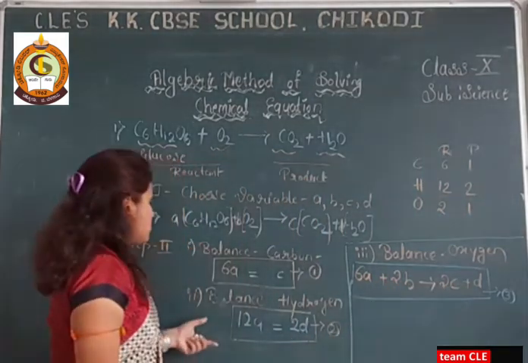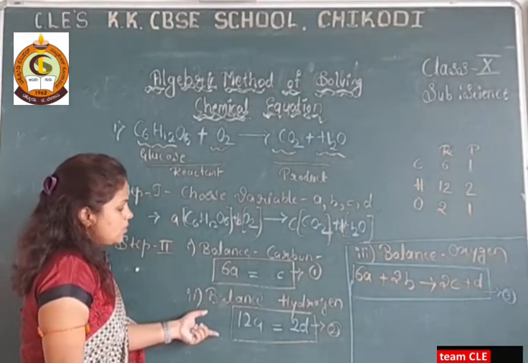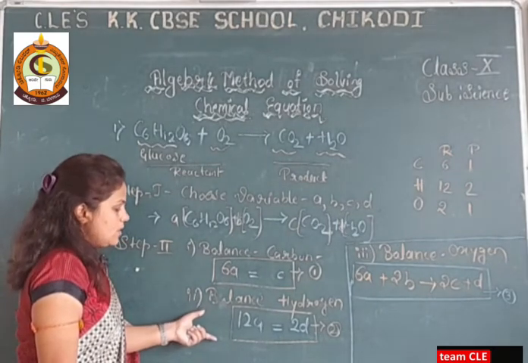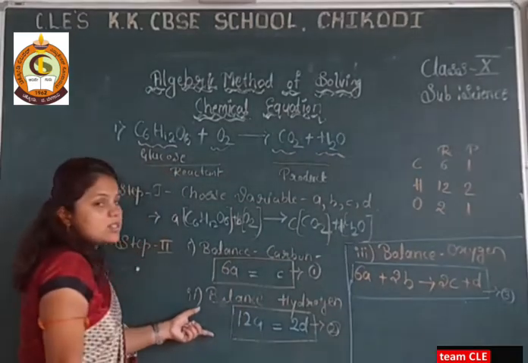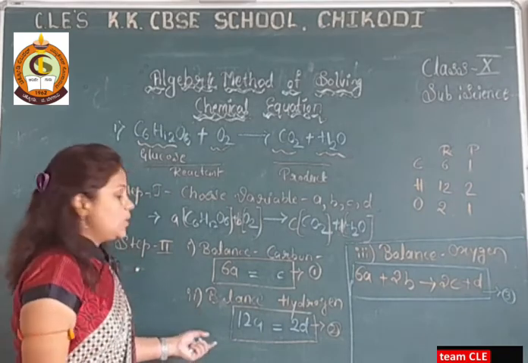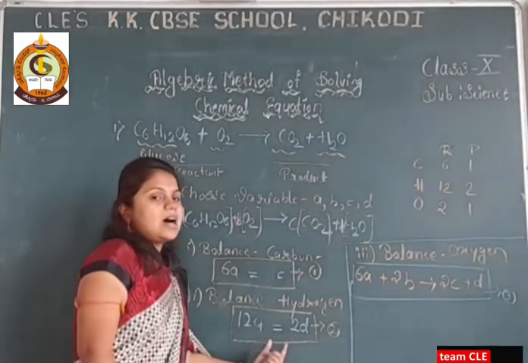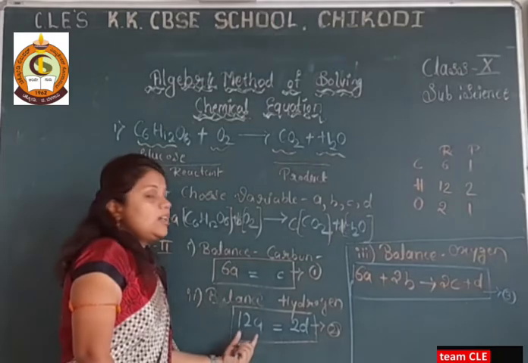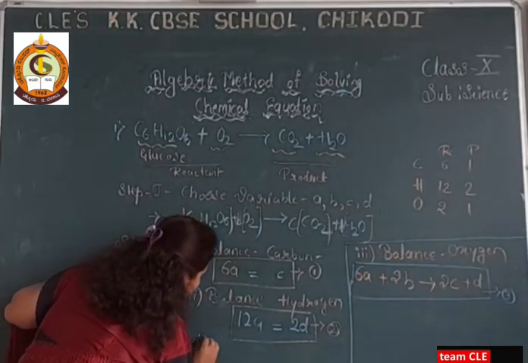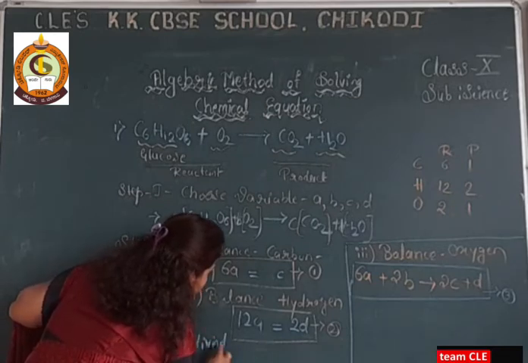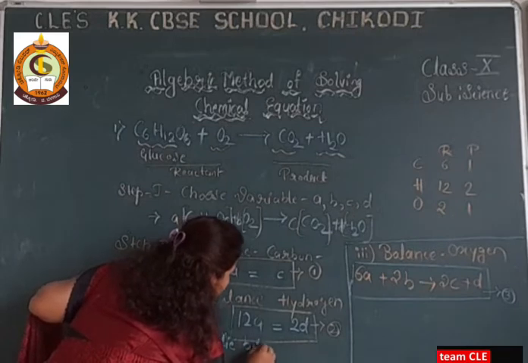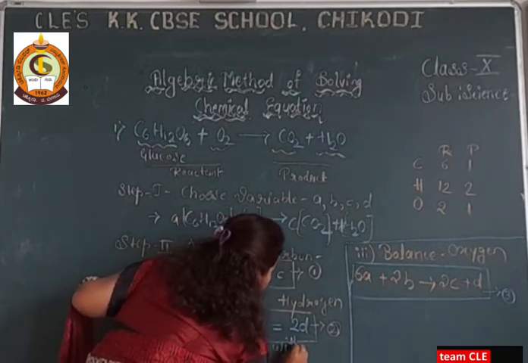D. So dear students, in this balancing of the hydrogen, is it possible to reduce this? Yes, it is possible to reduce this equation. How? By dividing with 2, because both the numbers are divisible by 2. So divide both sides with 2.